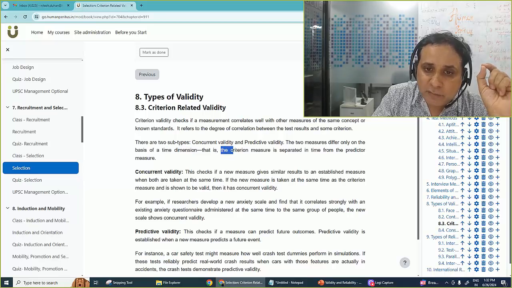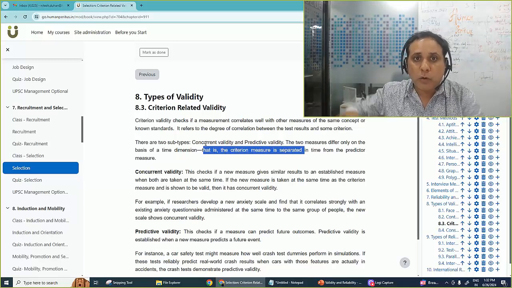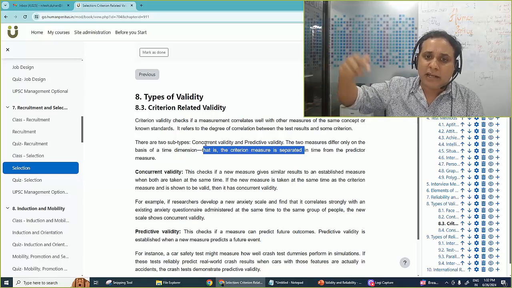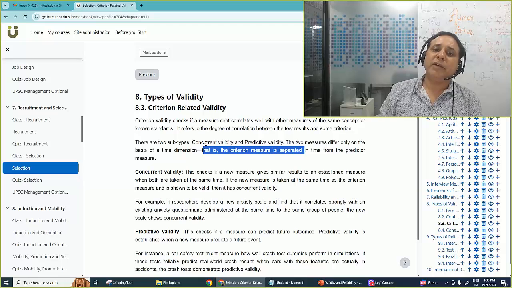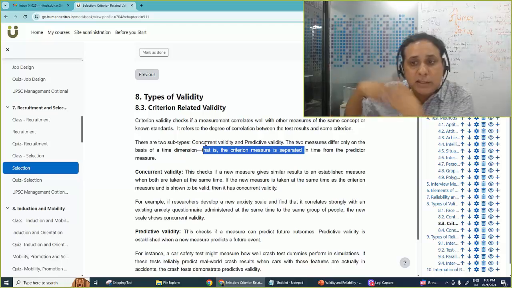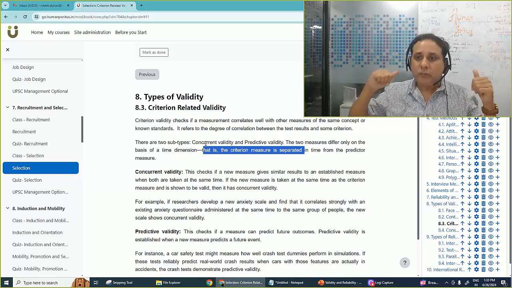The criterion which we are using, whether it is happening now or in the future. If that criterion measure is happening right now, then concurrent validity. If that is happening in the future, then it is what? Predictive validity. So guys, done.